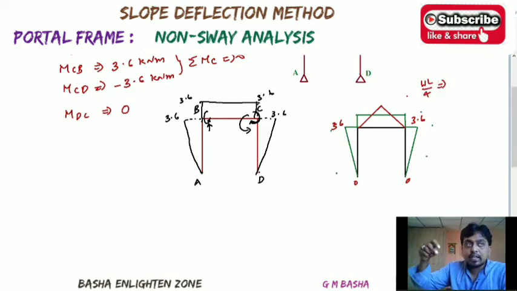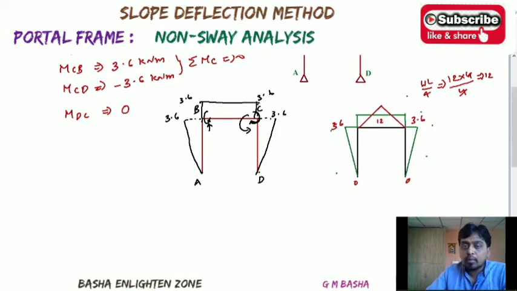Whenever a point load is acting exactly at the center, the maximum bending moment is calculated using the formula WL by 4. The given load is 12, the length is 4, so WL by 4 is 12. Taken from here to here, it will be 12 kilonewton meters.